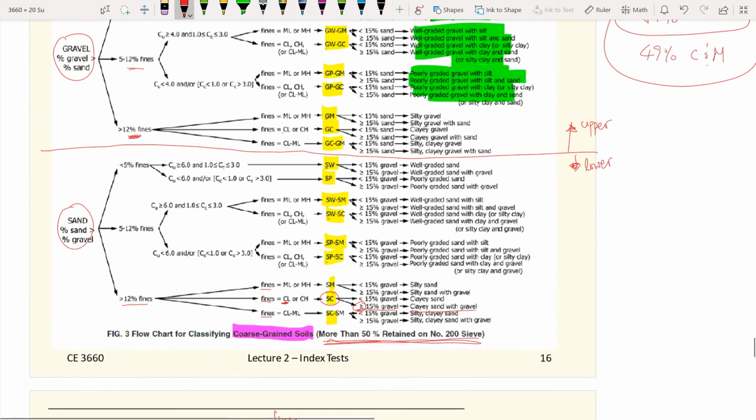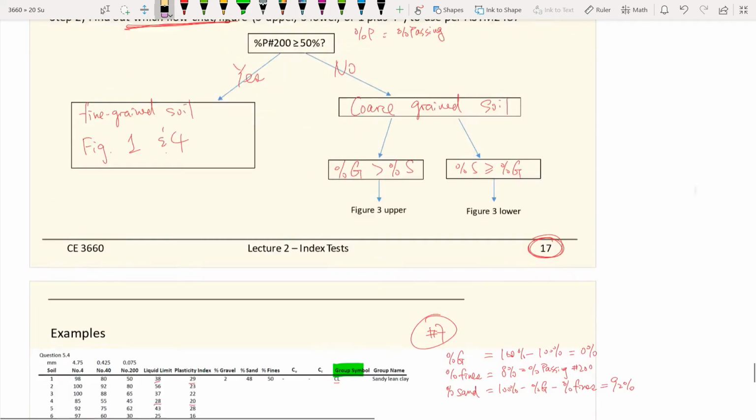Remember we have 8% fines, so we are here. This requires a little more computation work, because we need to find out Cc and Cu.